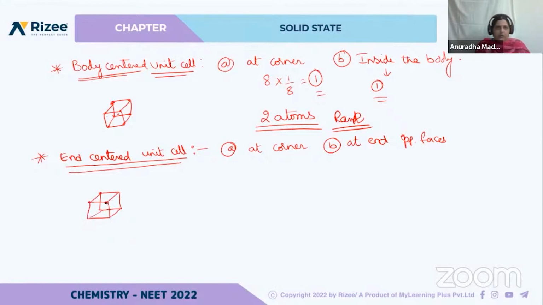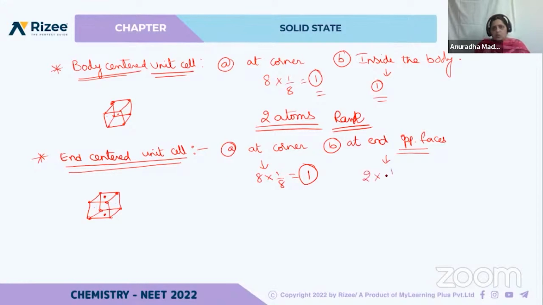The corners are common for everyone: 8 into 1/8 is equal to 1 atom. So what about opposite faces? We can take this face and this face, or else this face and this face. So 2. As I told you earlier, in a face-centered unit cell, half of the atom is coming into the face.